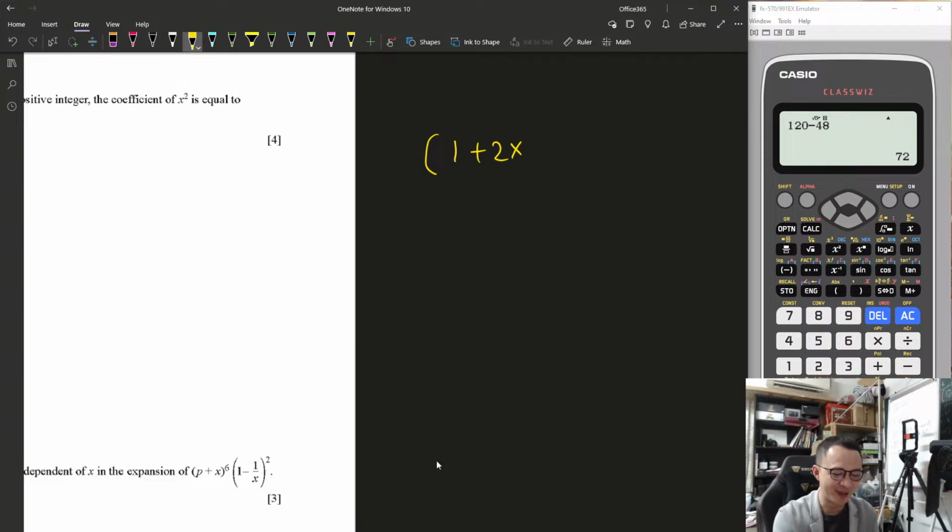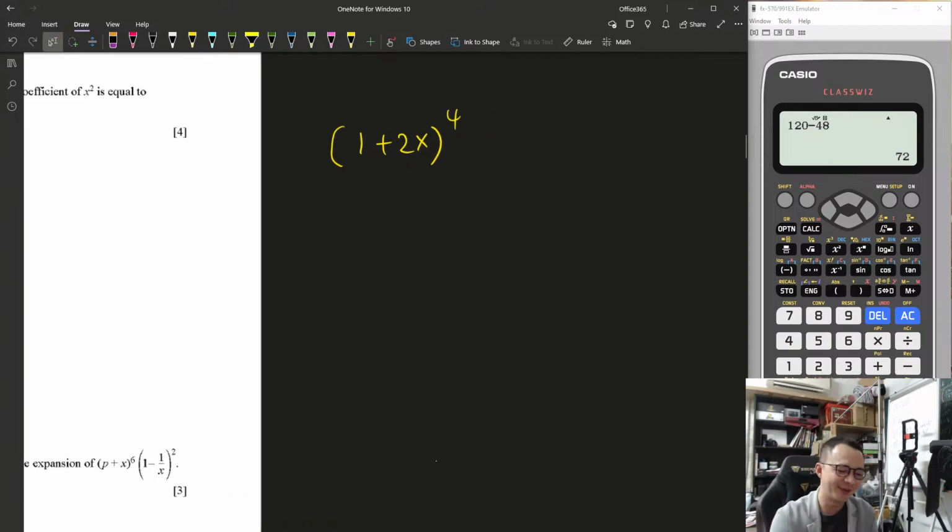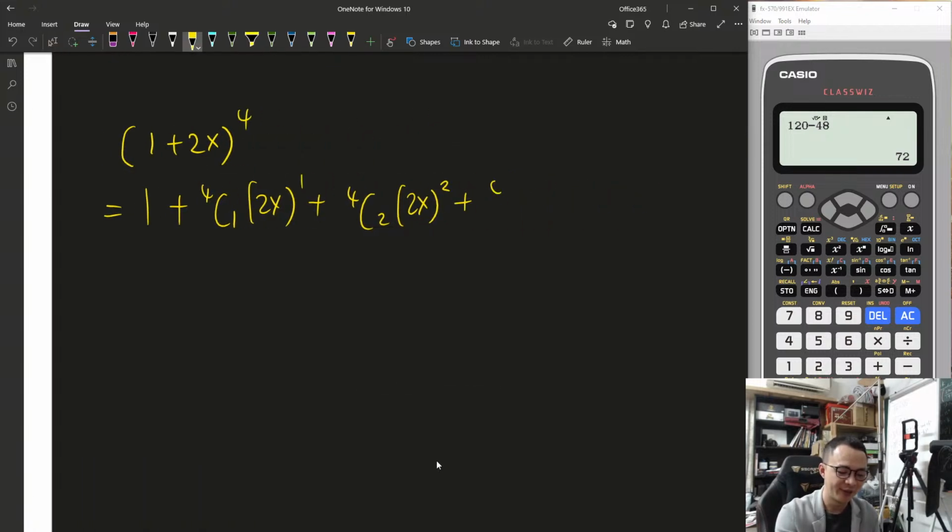Let's say 1 plus 2x power of 4. I don't want to open too many terms. The first one is 1. The next one is 4c1, 2x power of 1. Next is 4c2, 2x squared. Then 4c3, 2x power of 3.